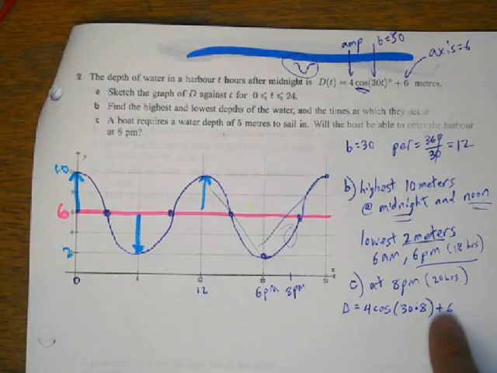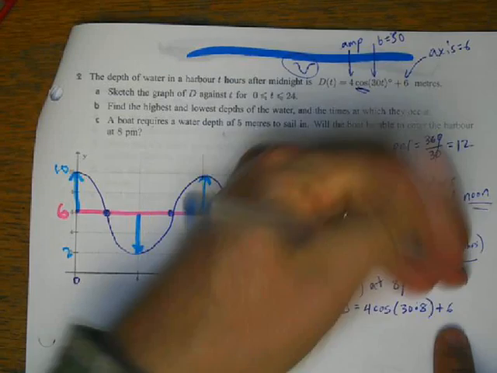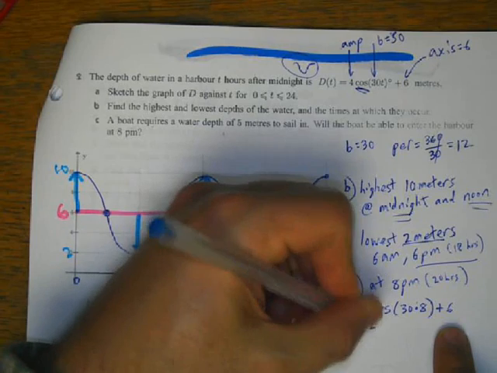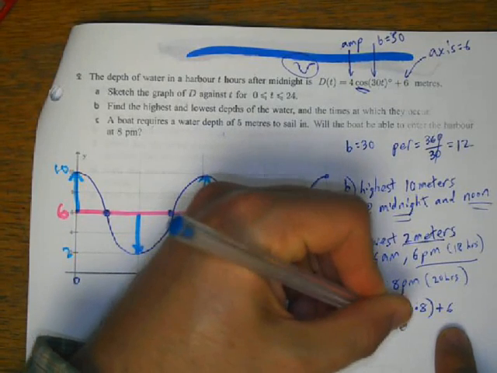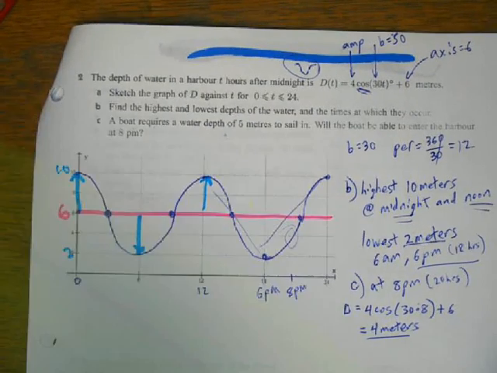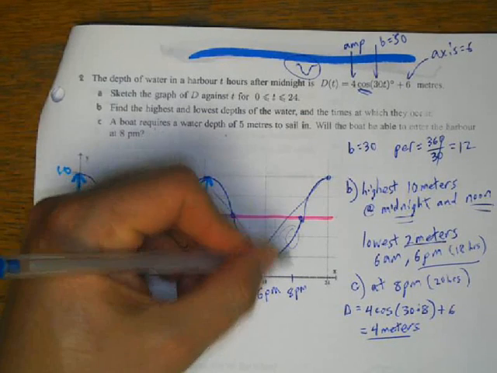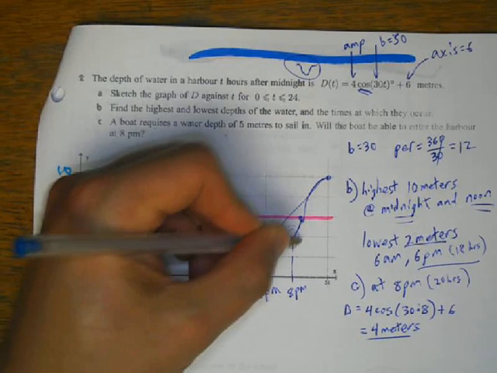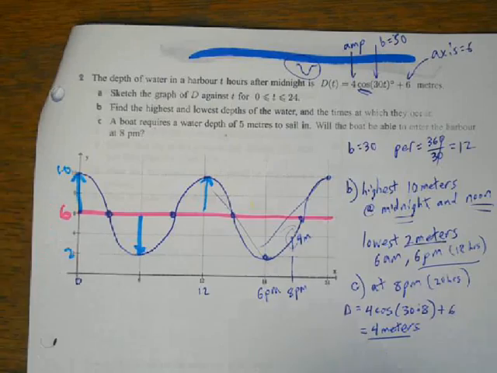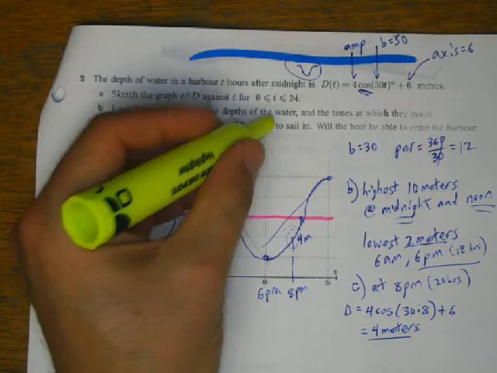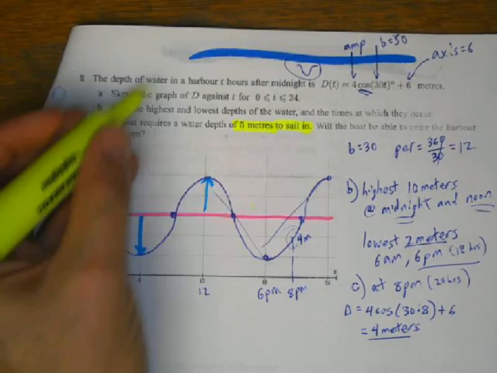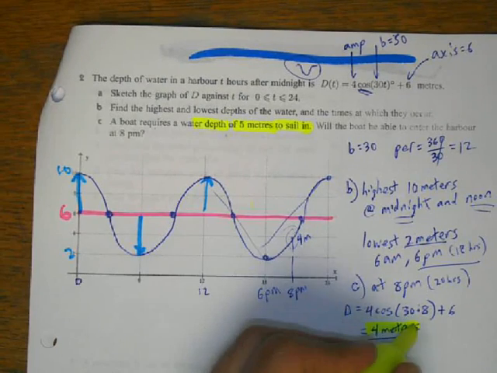So this is equal to 4 meters. Okay, so at 8 p.m. we're at 4 meters, and the boat requires 5 meters deep in order to sail. And at 8 p.m. we're at 4 meters.